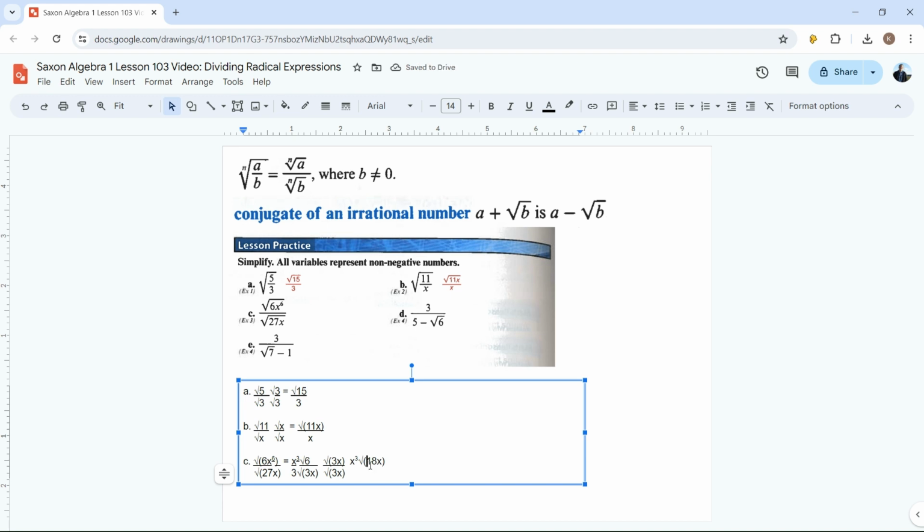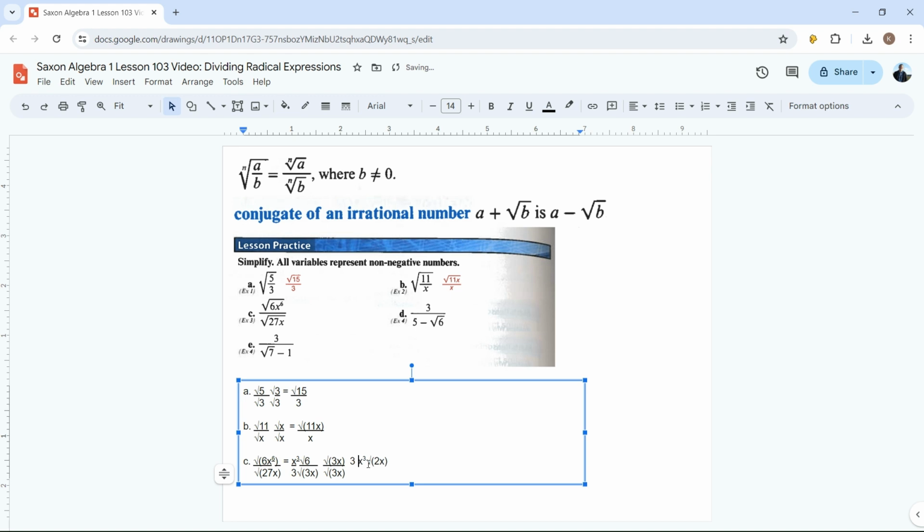The square root of 18x is the same as the square root of 9 times the square root of 2x. Does that make sense? Can I evaluate either the square root of 9 or the square root of 2x? The square root of 2x has nothing I can evaluate, but the square root of 9 becomes 3 without a radical. And I'm just going to take that 3 and put it out front.